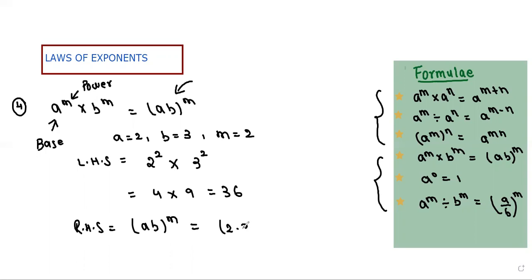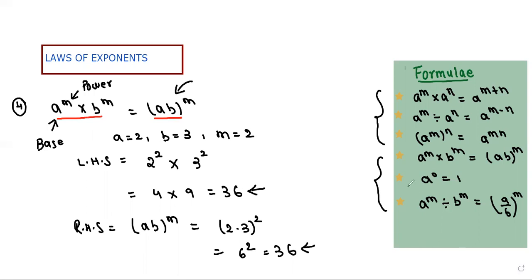B is 3, and then raised to 2. So 2 into 3 is 6, and 6 squared is 36. We can see that LHS is 36 and RHS is also 36, so clearly we are getting the same. Therefore, this is the property that a raised to m into b raised to m will be equal to ab raised to m.